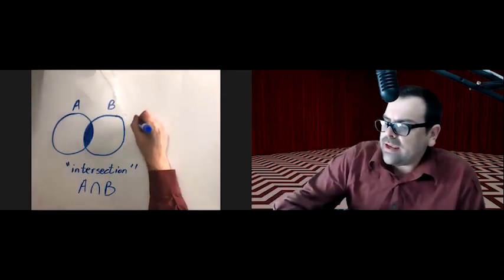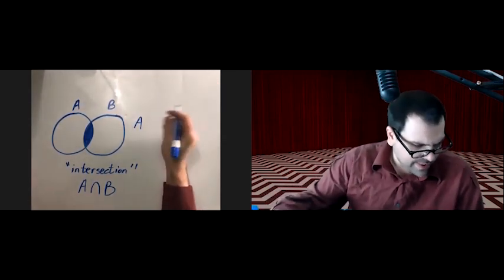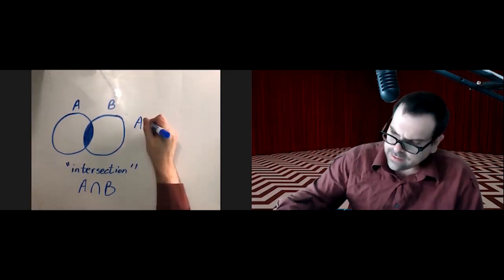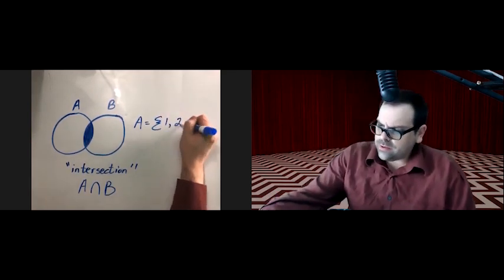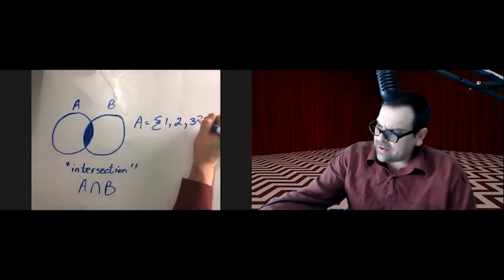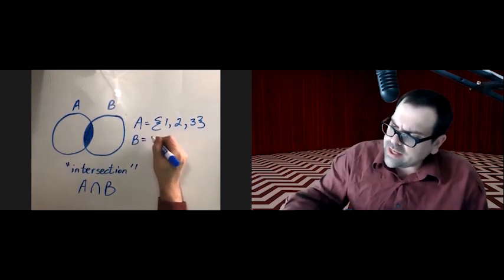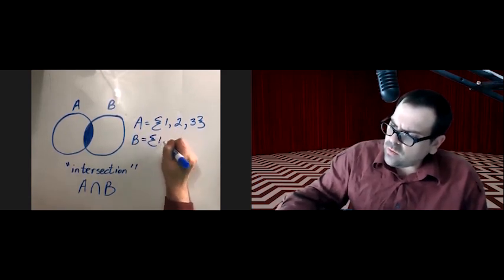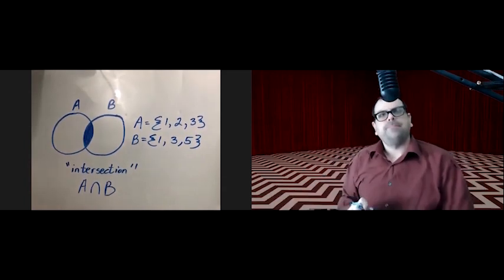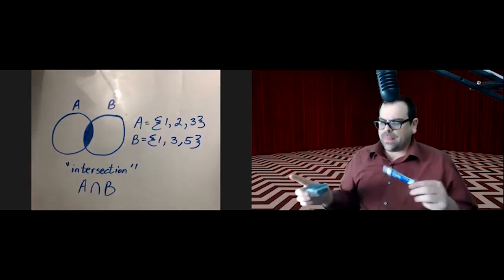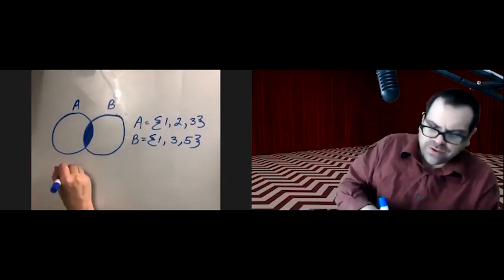So let's say A is the set 1, 2, 3. B is the set 1, 3, 5. What is the intersection of these two sets?